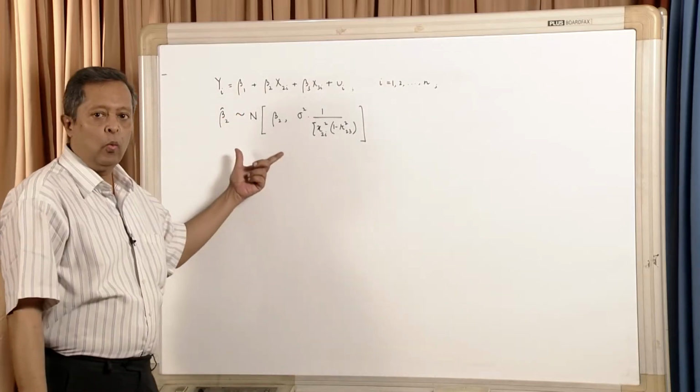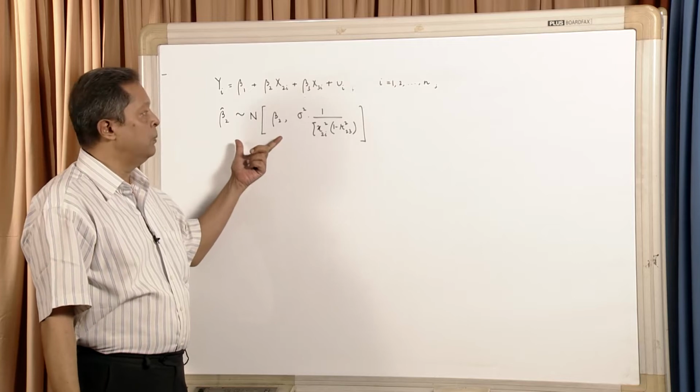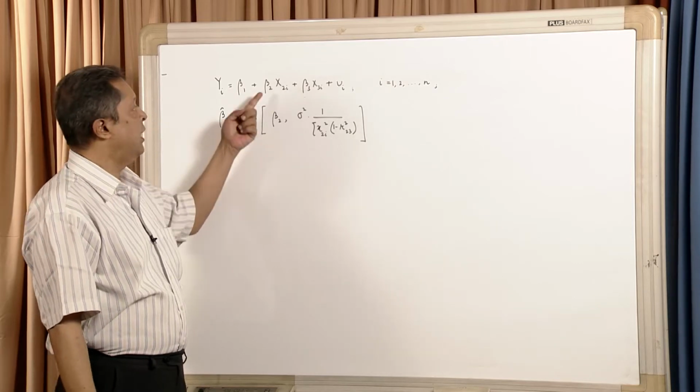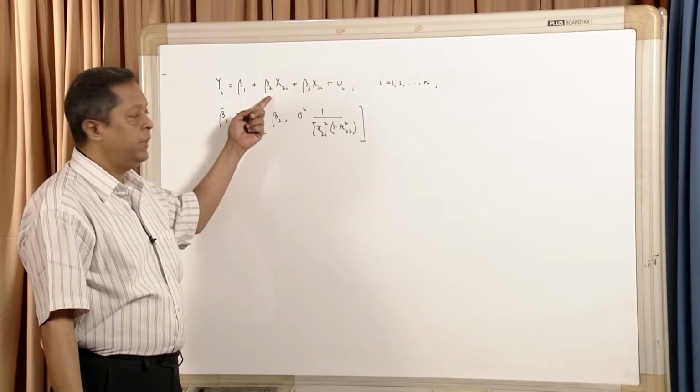So, this is one important information on the basis of which we will test hypothesis about beta 2.